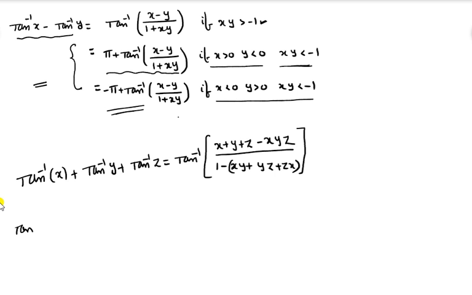Suppose he is asking tan inverse of x1 plus tan inverse of x2 plus tan inverse of x3 plus and so on plus tan inverse of xn. Then what to do?